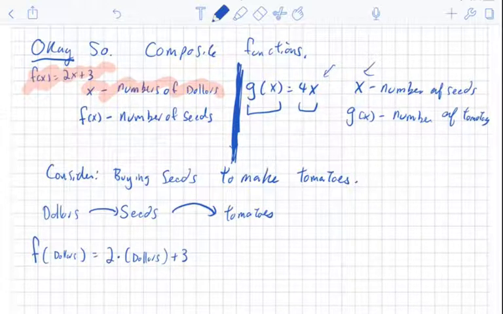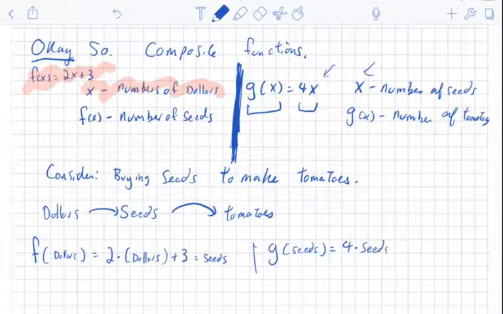And that is equal to the number of seeds. Or alternatively, if I know the number of seeds, I can multiply that variable by 4, and that tells me the number of tomatoes.